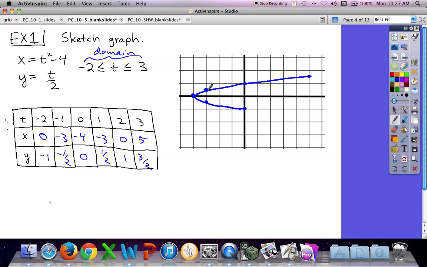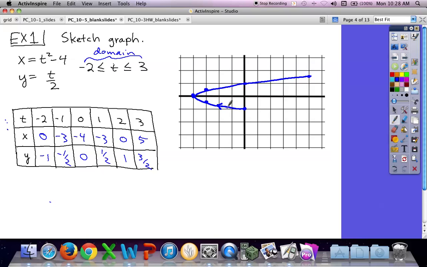Now, the graph of parametric equations consists of these points, right? But it also consists of a direction, and the direction is the arrows that indicate how the graph was traced as t increased, right?